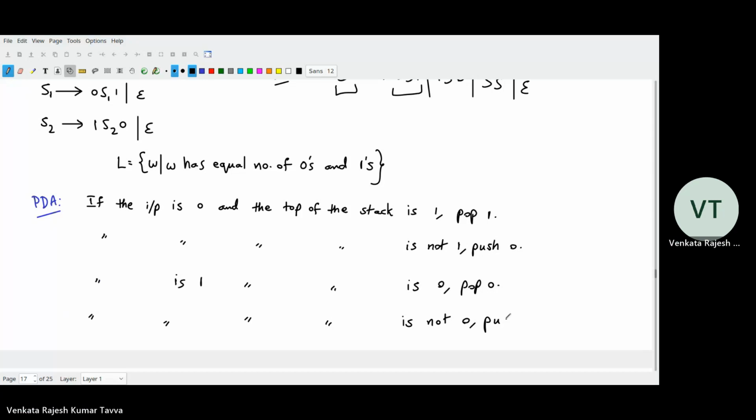Push 1. That's it. These are the 4 scenarios. This is clear? Quite simple. Okay. Let's move on.